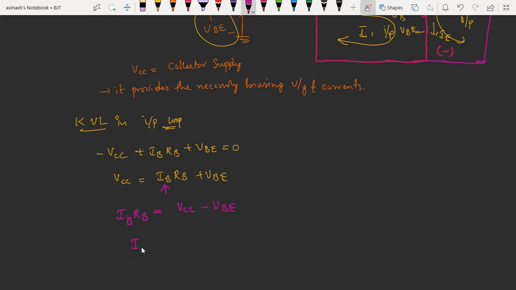Then IB is equal to VCC minus VBE upon RB. What do you mean by VBE? VBE is the base to emitter voltage. This VBE is equal to 0.7 volt for silicon and 0.2 volt for germanium. Then RB is nothing but the base resistance.